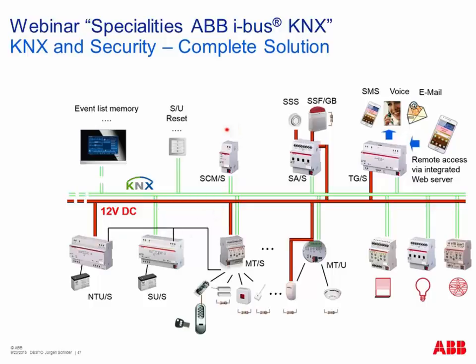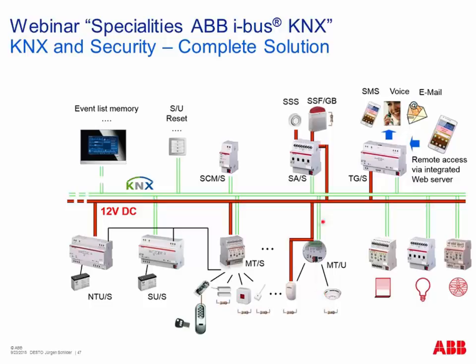So we have our central logic, our security module, and a number of security terminals, and the magnetic reed contacts, motion detectors, glass break detectors, and water detectors, for example, are connected to these different kinds of security terminals. And the cabling is monitored via our end-of-line system, like we have in a standalone intrusion alarm system.